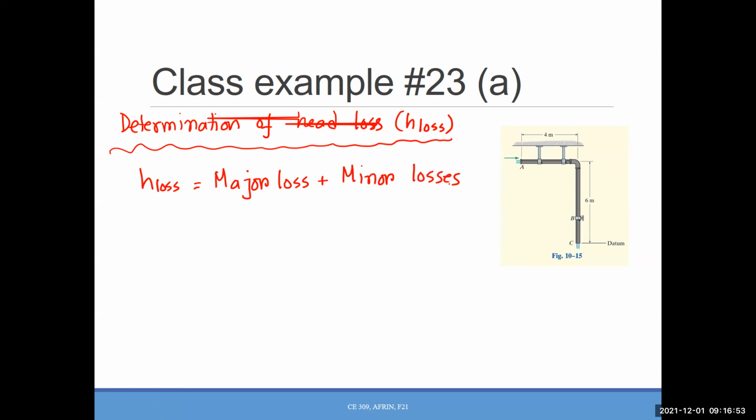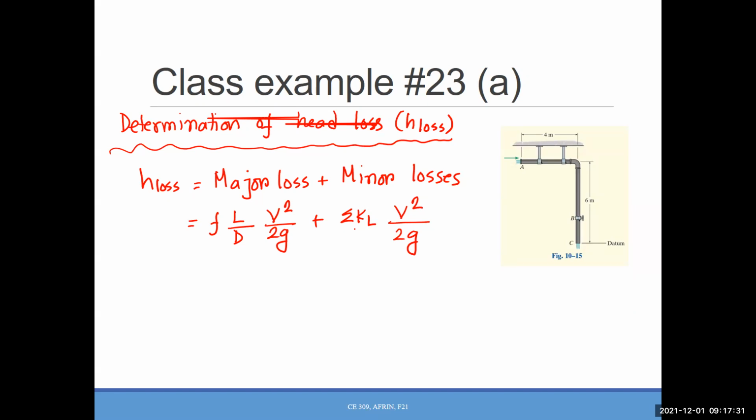Minor loss or losses if we have multiple sources here. For major loss, we always use the Darcy-Weisbach equation, which is f L over D times V squared over 2g. And for minor losses, we use K_L V squared over 2g. I used the summation because we may have multiple sources of minor losses. So that's why the summation of K_L.